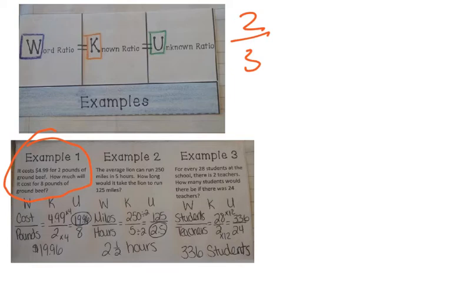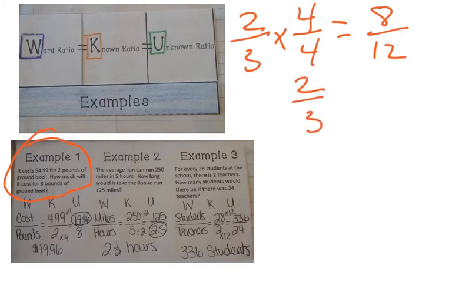So I'm going to take 2/3 and multiply it by 1, but instead of 1, it's going to be a fraction that's equivalent to 1. So I'm going to use 4/4. So 2 times 4 is equal to 8. 3 times 4 is equal to 12. So therefore, 2/3 is equal to 8/12.